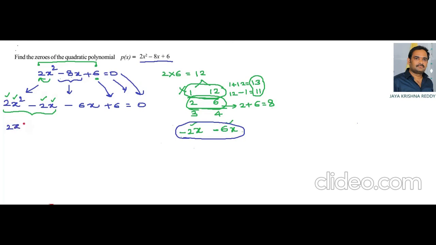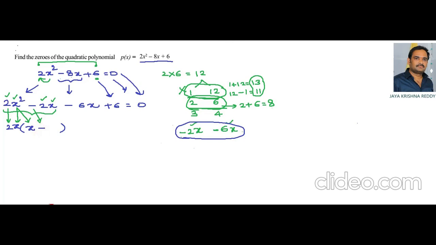So 2x times, now check, from the first term 2x square, 2 is there already outside, and from x square one x is there outside of the bracket. So you have to write the remaining x inside the bracket, x. And the next minus symbol is there, so write the minus symbol here.